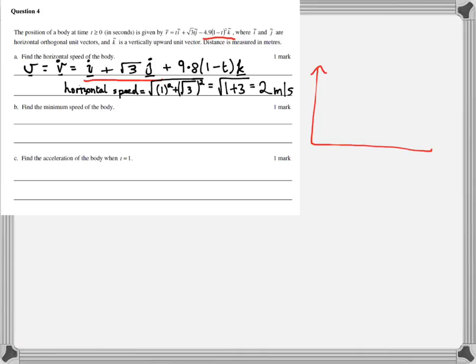So if we just look at the speed in the vertical direction only in k, then with respect to time, if we look at the function, it's kind of like a quadratic.